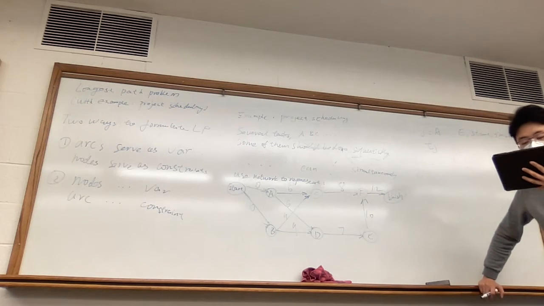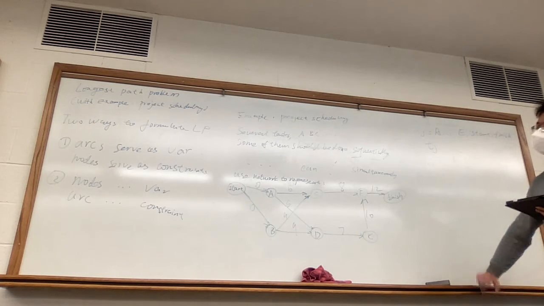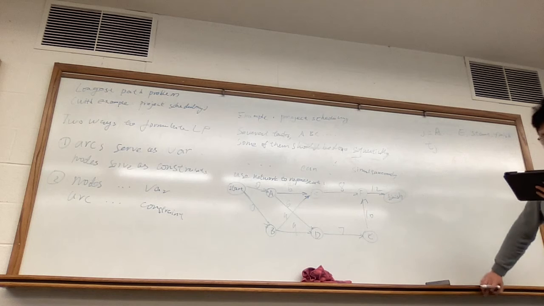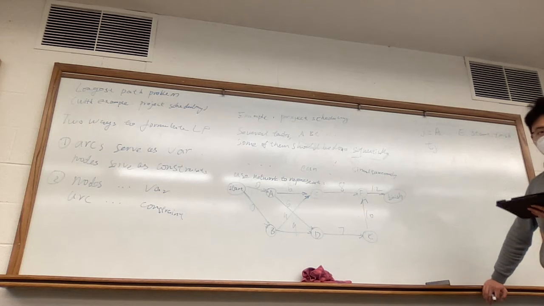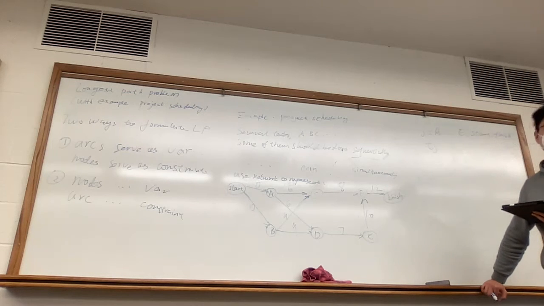Does anyone have an idea what Tj means here? Remember that now our nodes are the variables. In this task we want to minimize the time that we complete A, B, C, D, E, F. So what does Tj mean? To complete or to start.